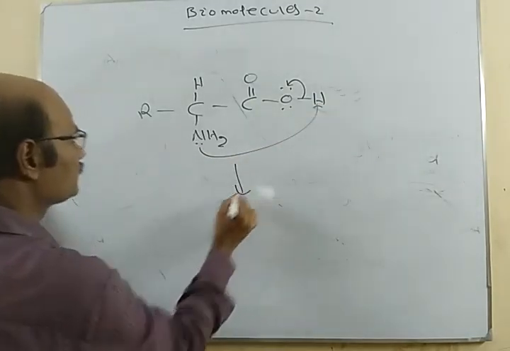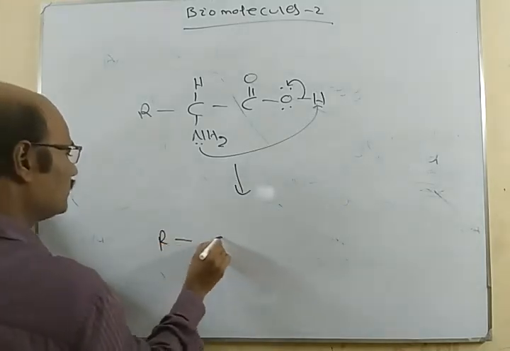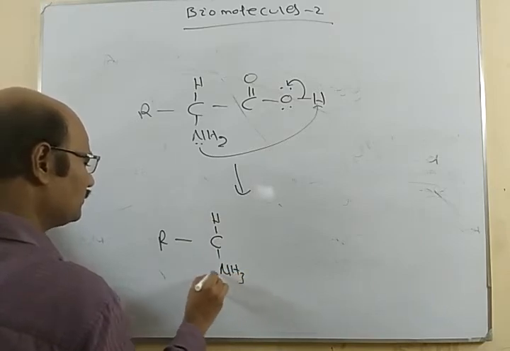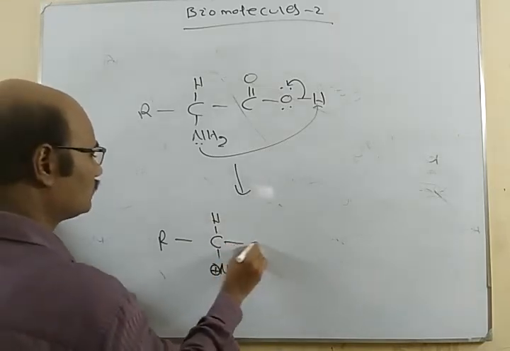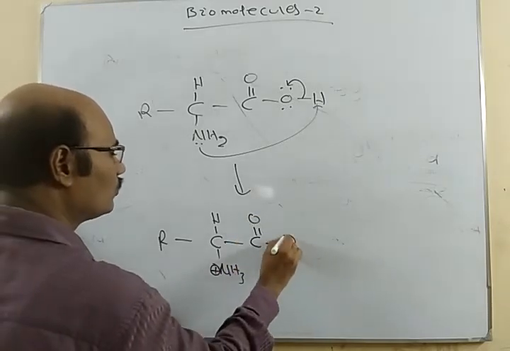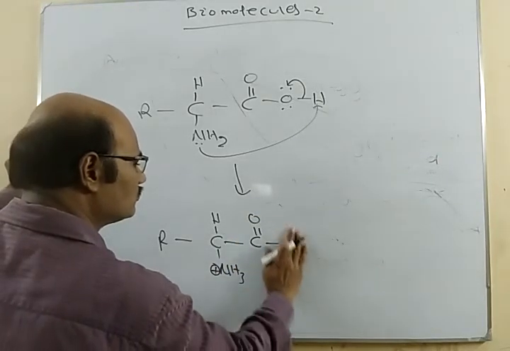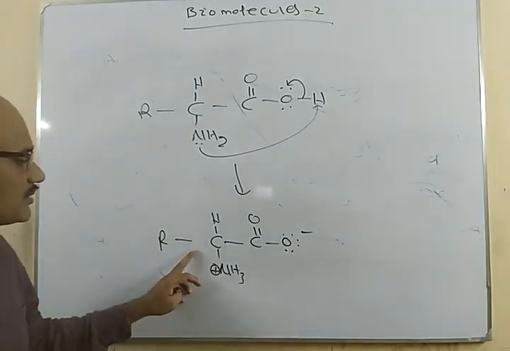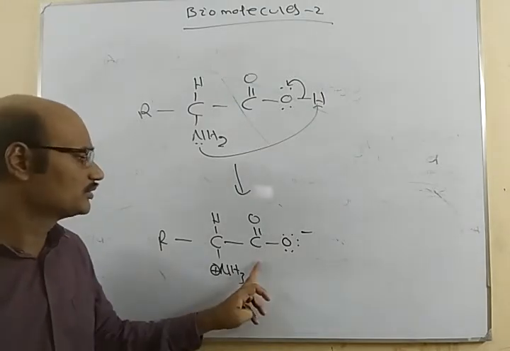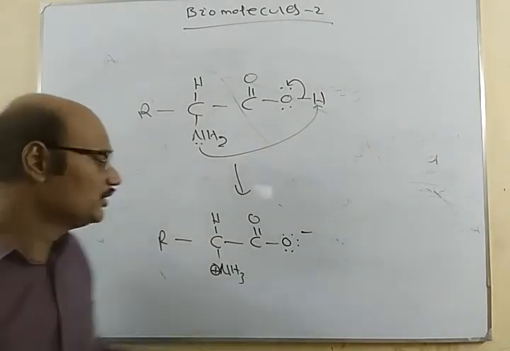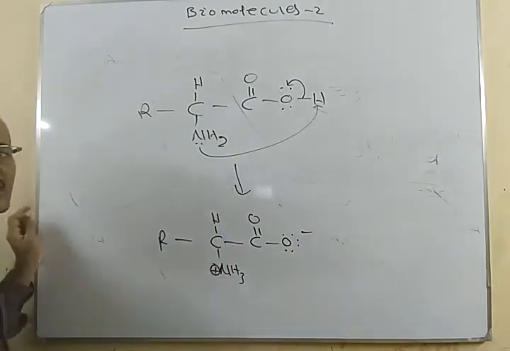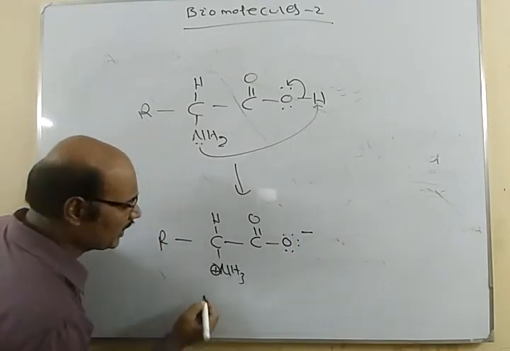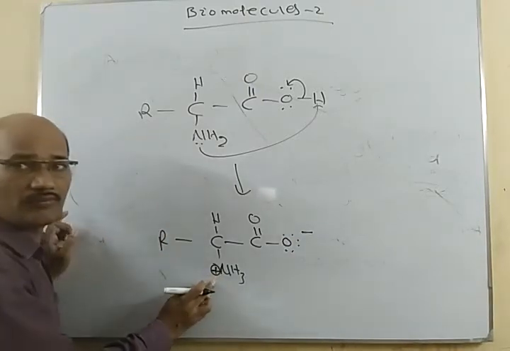So we will get what? R, CH, NH3 plus, COO minus. Here you see in this alpha amino acid molecule, we have a minus charge on this oxygen atom, and a plus charge on this nitrogen atom.